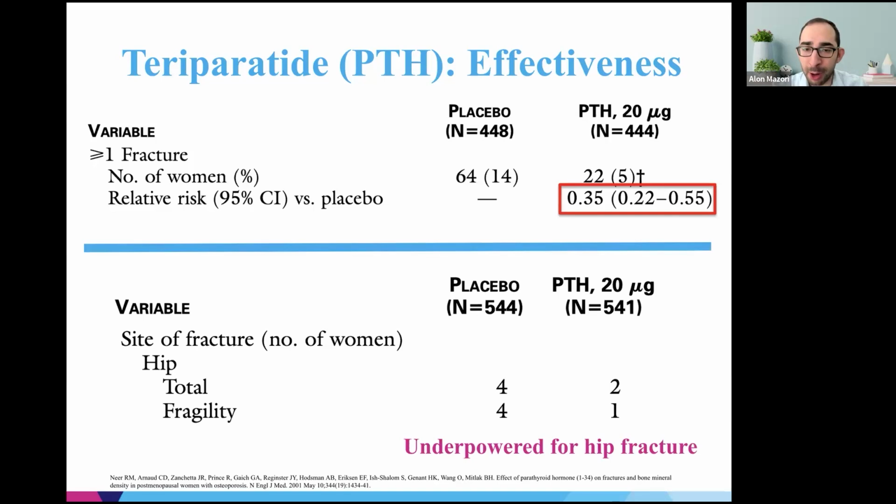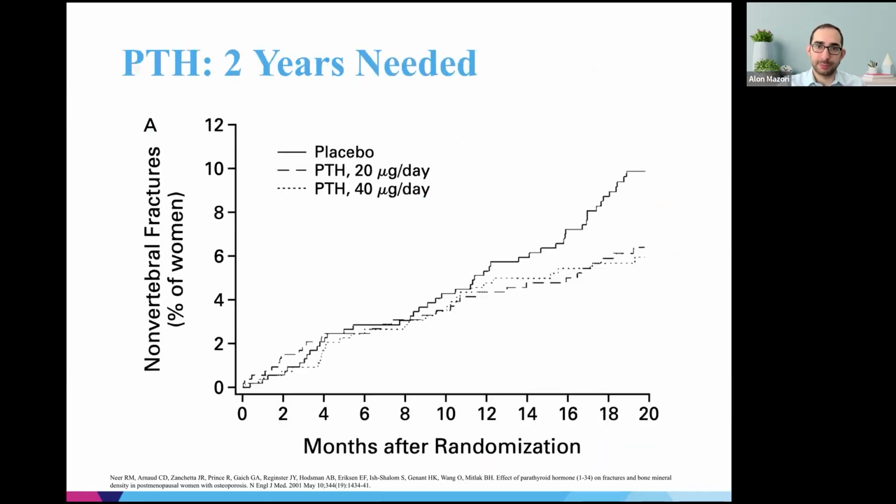However, the study was underpowered for hip fractures. And so we can only truly comment on benefit in the spine to our patients regarding teriparatide therapy.